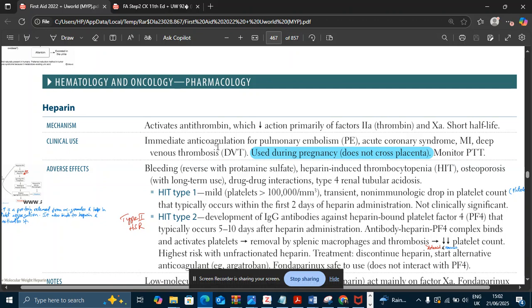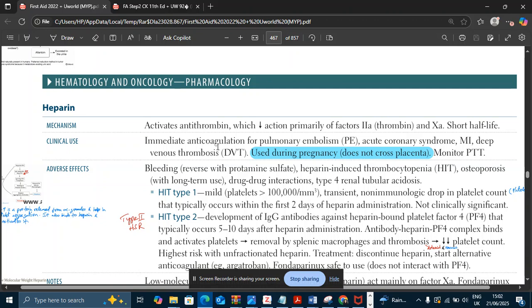Okay, because a lot of times what happens is when the patient is on heparin or warfarin, the PT, PTT will be raised. And I've already talked about that heparin can be used in pregnancy, while warfarin cannot be used in pregnancy because warfarin crosses the placenta and is teratogenic.